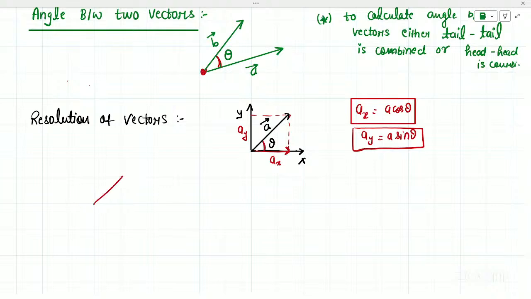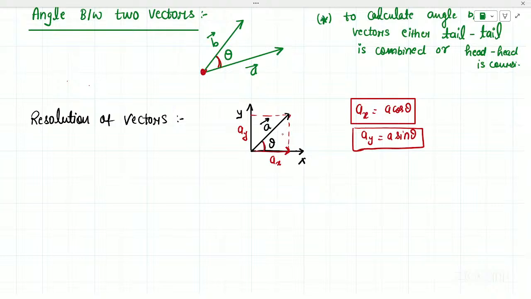For example, let's suppose this is a vector A and the angle is provided from this axis. So the component along this vertical axis will be A cos theta and the component of the opposite will be A sine theta. This is the trick to remember it always.